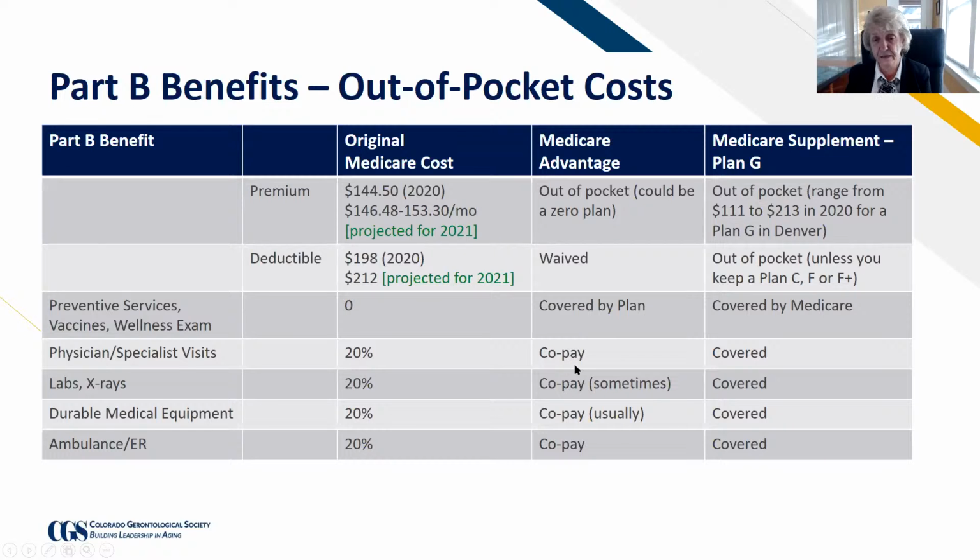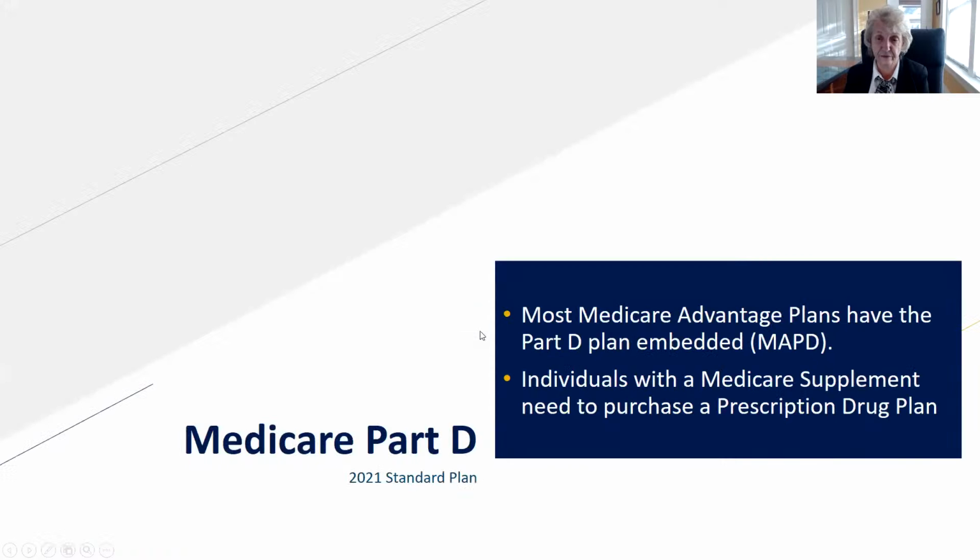Medicare pays 80%. If you are in a Medicare Advantage, you either pay a copay or you will pay a flat fee depending on what they've negotiated with Medicare. In a Medicare supplement, all of that is covered.